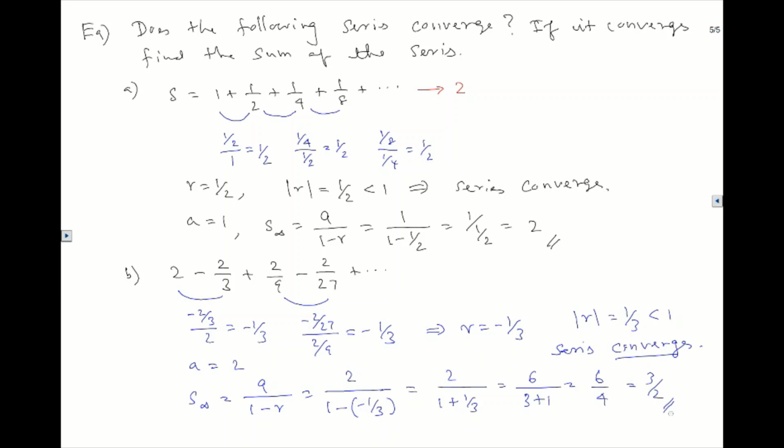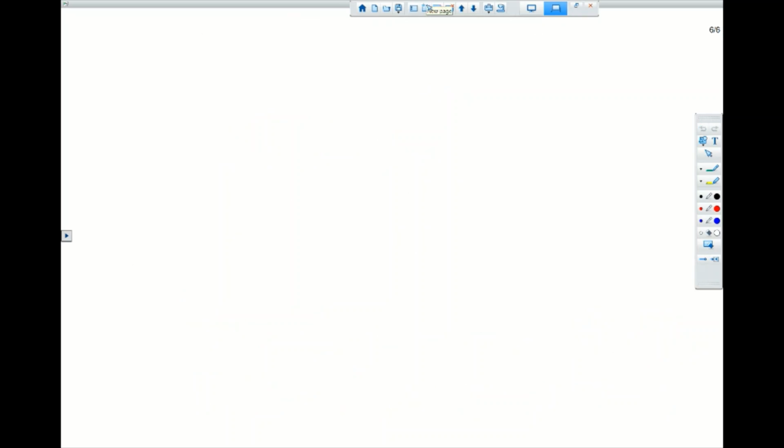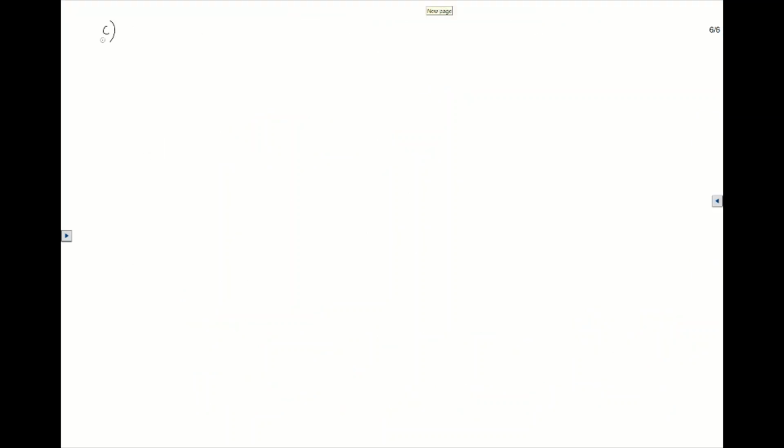Let's do maybe one more. C. So how about this one? Let's say sigma n going from 0 to infinity, negative 1 to the n, 5 over 4 to the n. How to do this problem?